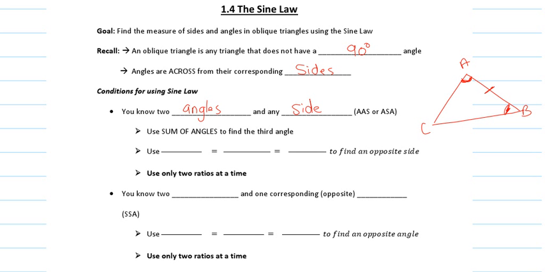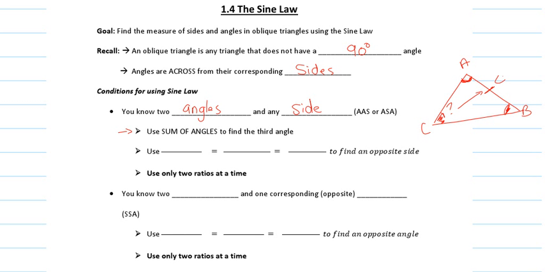In this specific case, in order for me to be able to use the sine law, I need to solve for angle C first. And then I know side C, and I can find the other sides that I need. Okay? This is where it says use the sum of the angles to find the third angle.